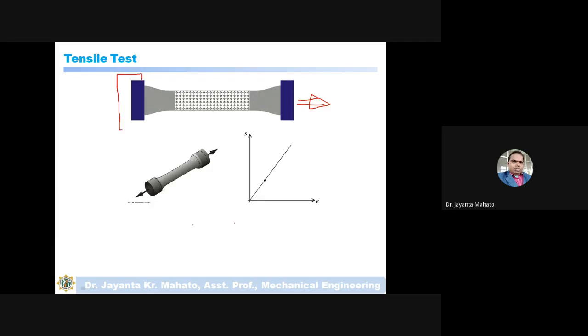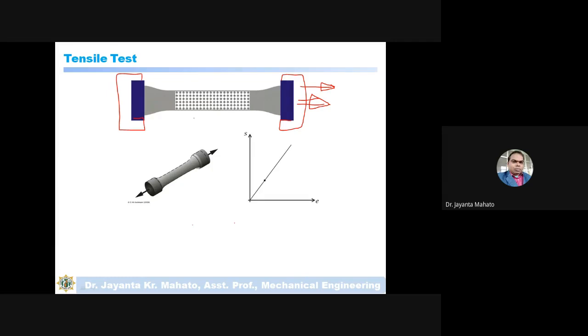One end is kept fixed, and the other end you hold the specimen with a grip, and this grip will move. This grip will move either in a downward or upward direction. If this grip moves upward, then this part will move towards the down.